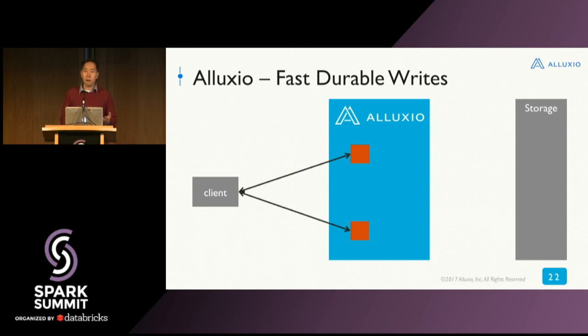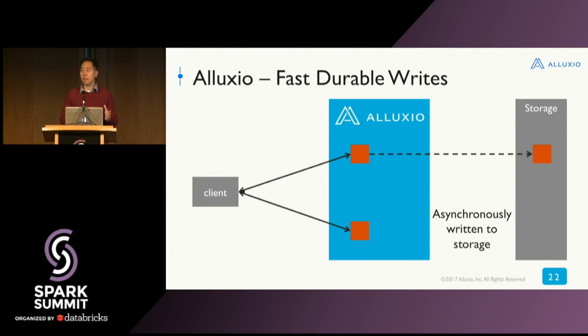Now, in the background, at some later time, Alluxio will asynchronously write that data back out to the storage system. In the previous example, in the Amazon cloud, it'll write it back out to S3 at some later time. This essentially decouples the writing to the underlying store from the application.